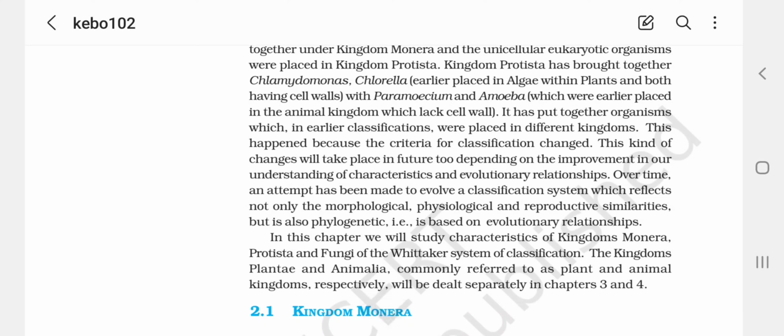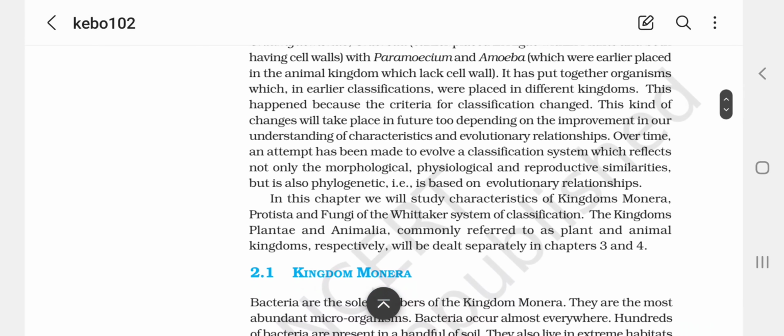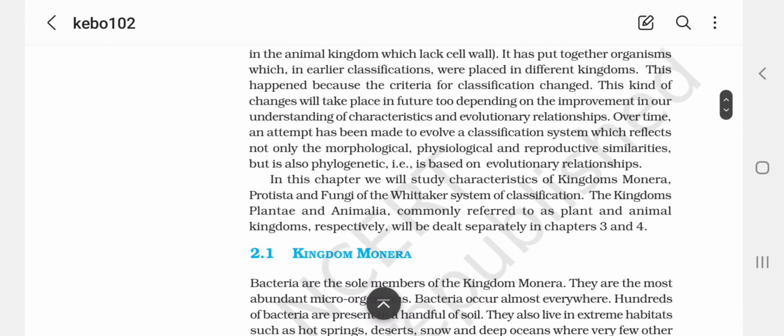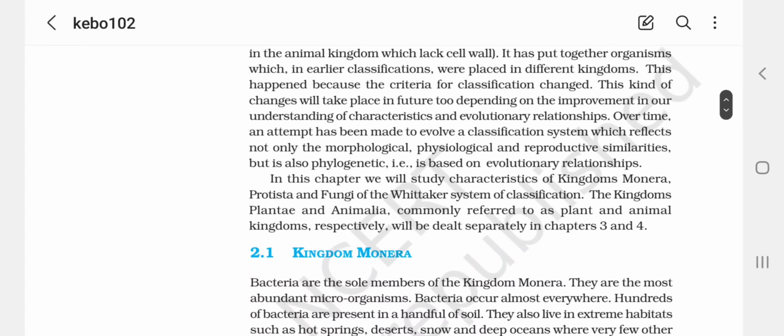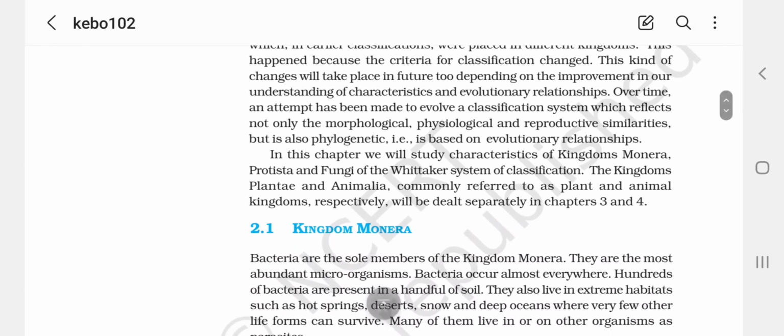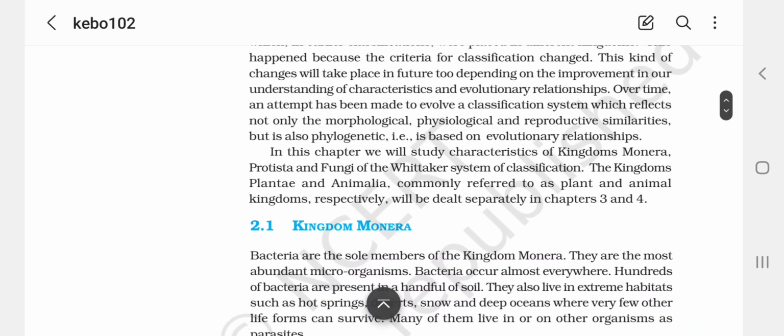This kind of change will take place in future too, depending on the improvement in our understanding of characteristics and evolutionary relationships. Over time, an attempt has been made to evolve a classification system which reflects not only the morphological, physiological, and reproductive similarities but is also phylogenetic, that is, based on evolutionary relationships.